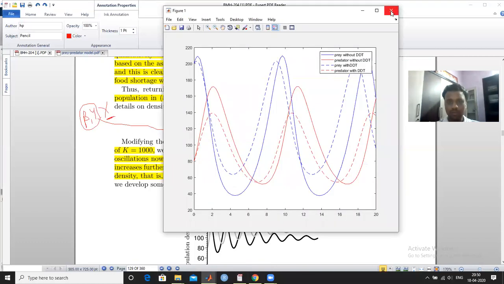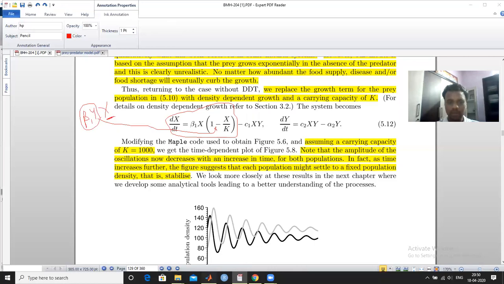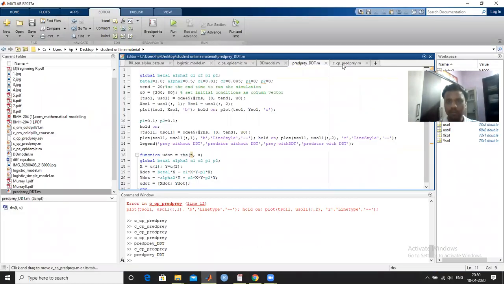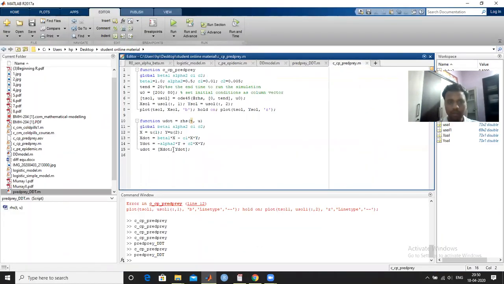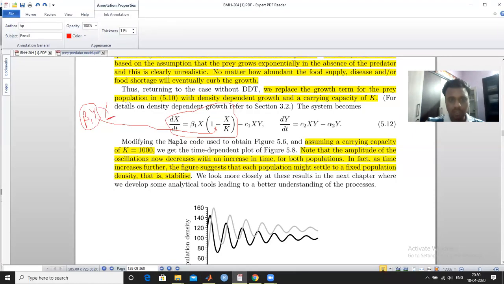I simulate it. I take this as simple, beta 1 x. I think I have a wrong interpretation.